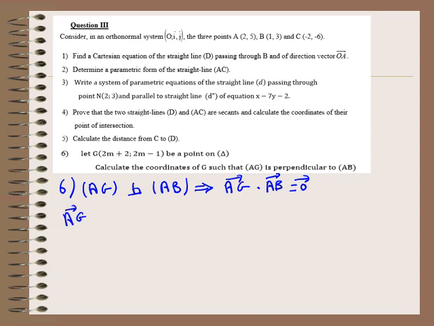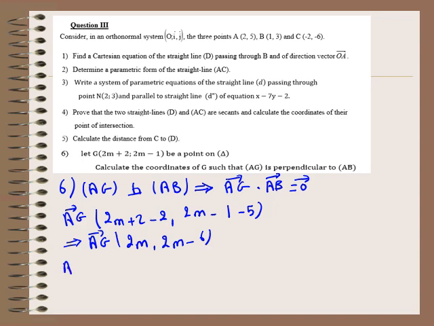AG is (2m plus 2 minus 2, 2m minus 1 minus 5). Therefore, AG is equal to (2m, 2m minus 6). Now we need AB. AB is equal to (1 minus 2, 3 minus 5). Therefore, AB is equal to (minus 1, minus 2).